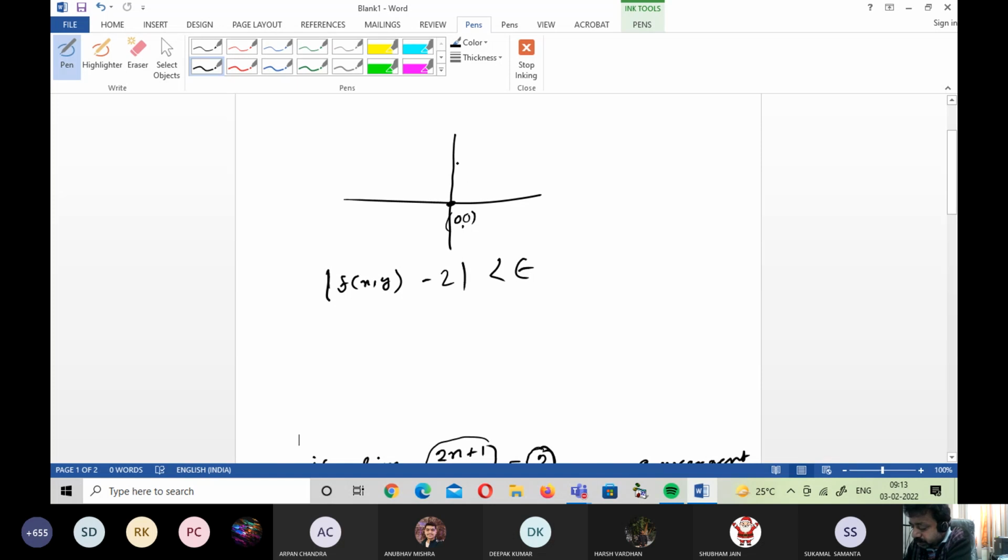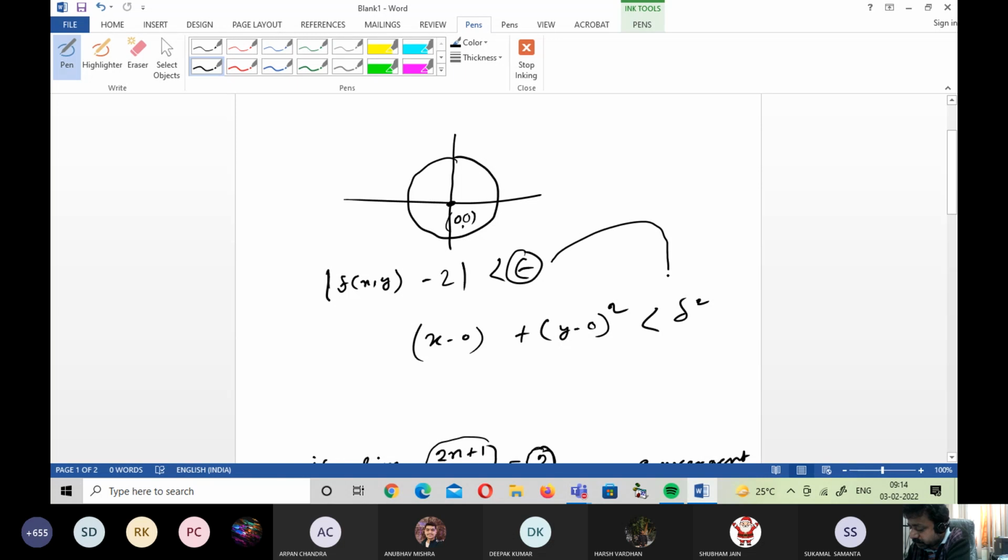Here you can take a circular neighborhood, so x minus 0 plus y minus 0, whole squared, is less than delta squared. So for every epsilon there is a delta. That relation you established.